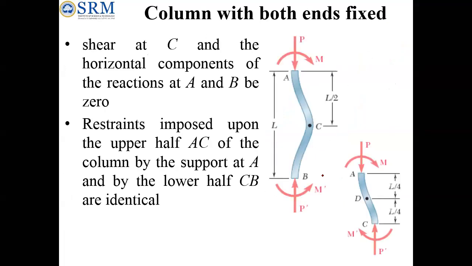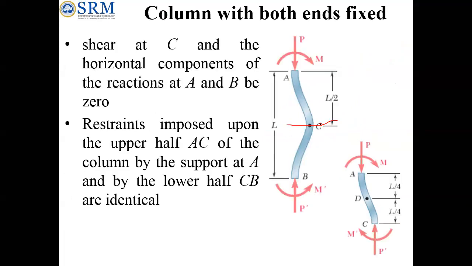Okay. Then another case is a column with both ends fixed. When you have a column with both ends fixed, the effective length is half of the length of the column. Here you have a center point C, and the shear at this point C, the horizontal component of the reaction at A and B, will be 0.